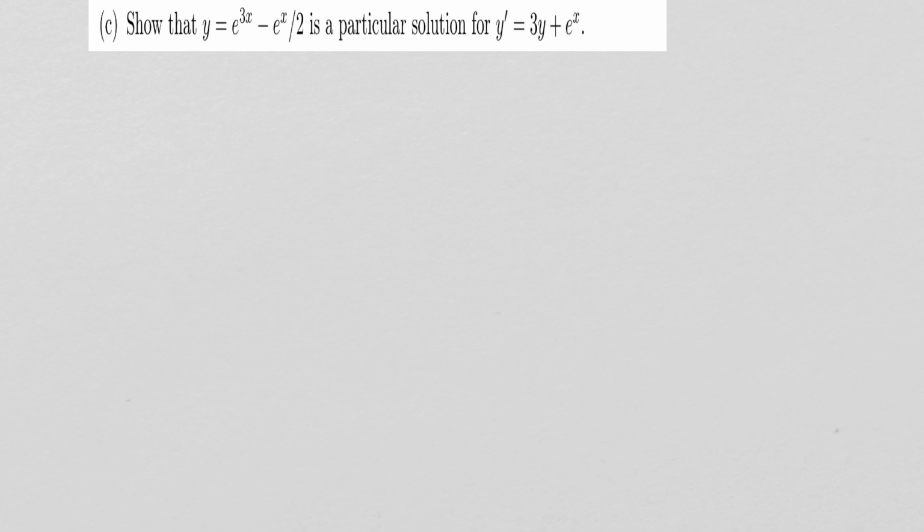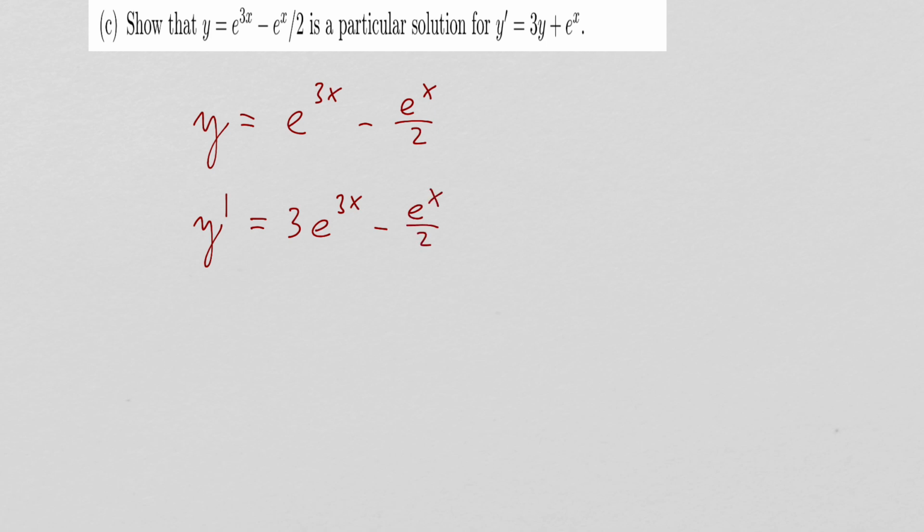In C we have the function y equal to e to power 3x minus e to power x divided by 2. Its derivative is 3 times e to power 3x minus e to power x divided by 2. Just this number 3 came out from there.